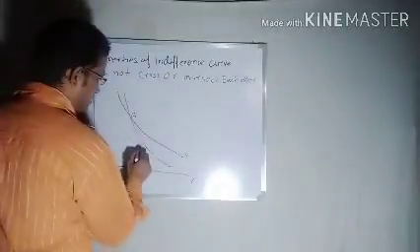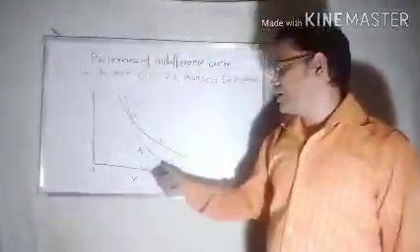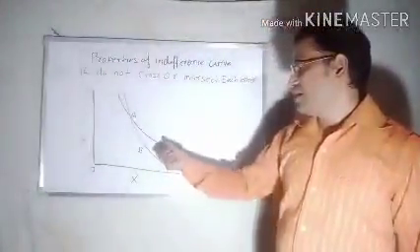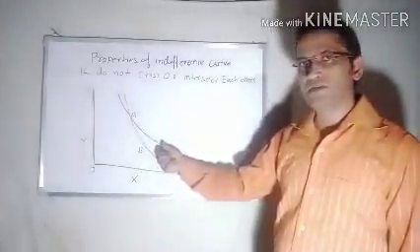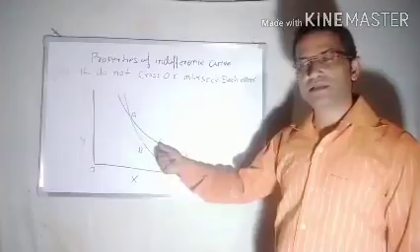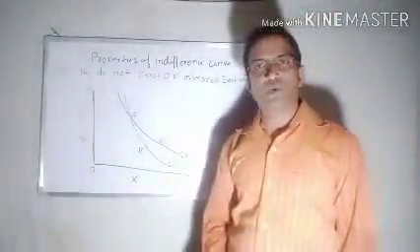Then again, let's say B and C. These are another two points. At B we are on a higher indifference curve, so it means that it is giving a higher level of satisfaction, and C is giving a lower level.